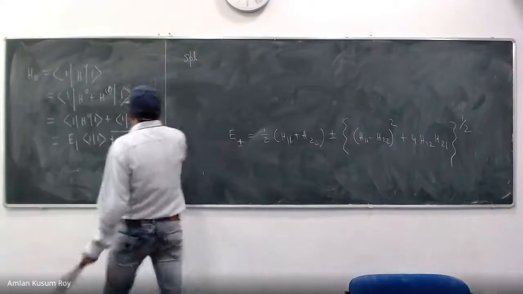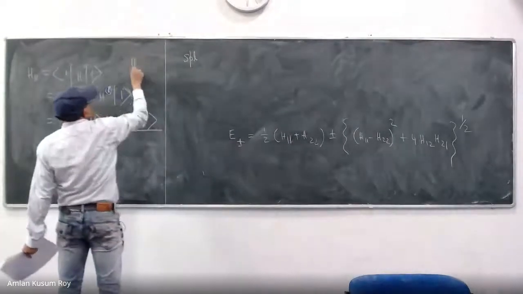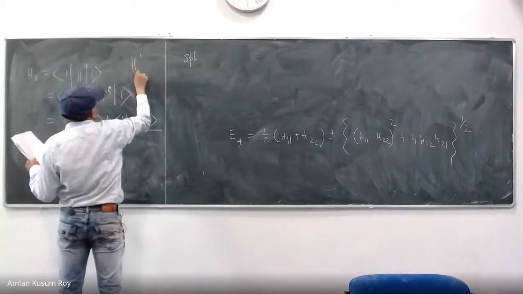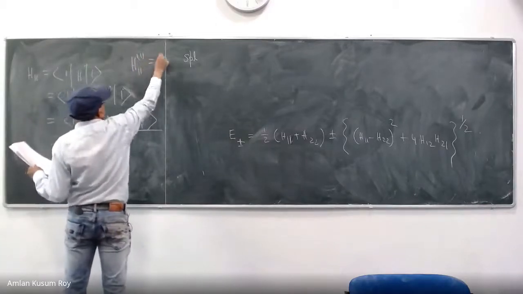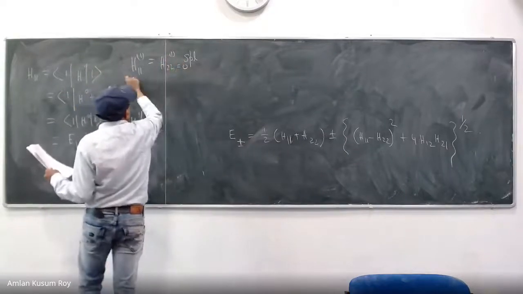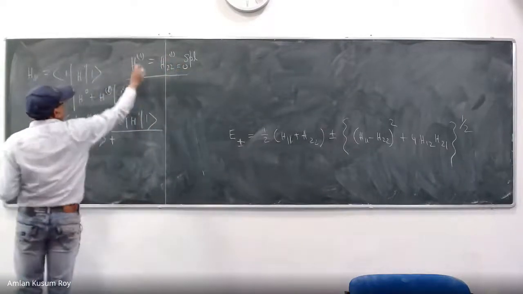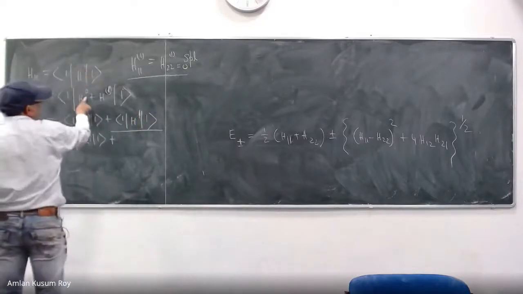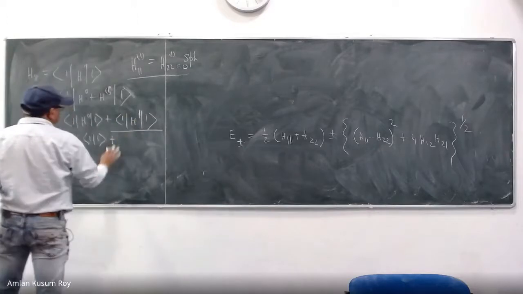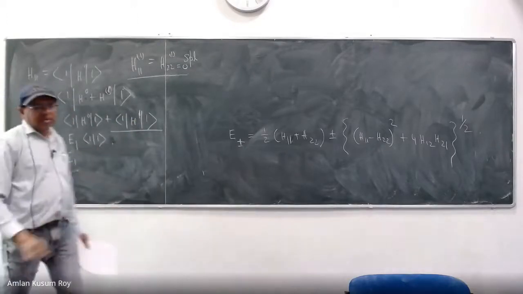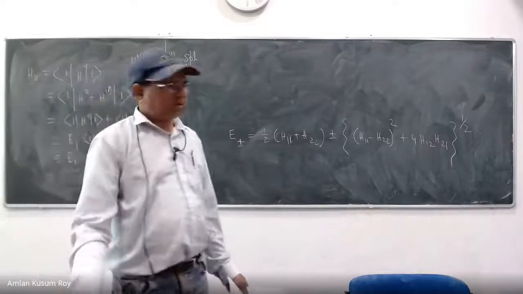So H11 prime is equal to H22 prime is equal to 0. The diagonal matrix elements of this guy, not the total, not the H0, only this guy is 0. So that means I am left with E1. Remember this, okay?